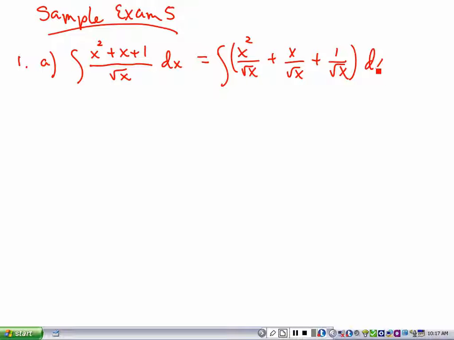So this is the integral of x squared divided by the square root of x, so that's x to the 2 minus a half, plus x to the 1 minus a half, plus x to the negative 1 half.